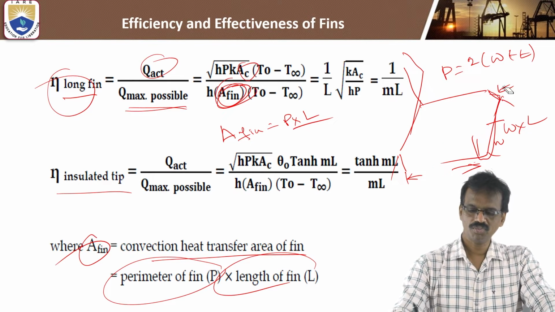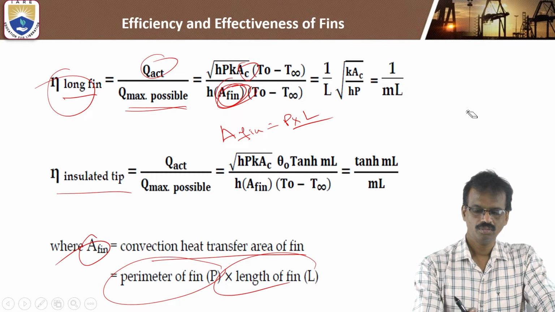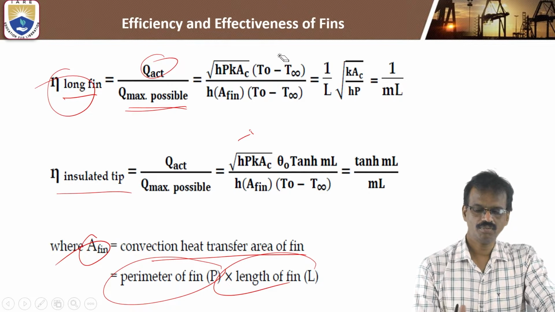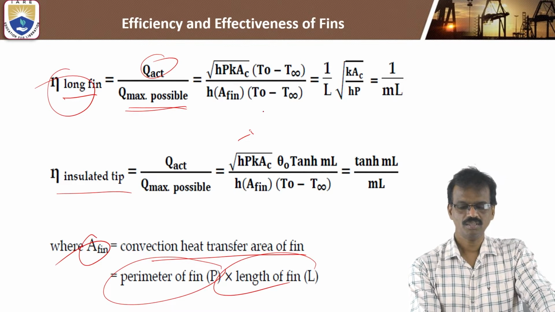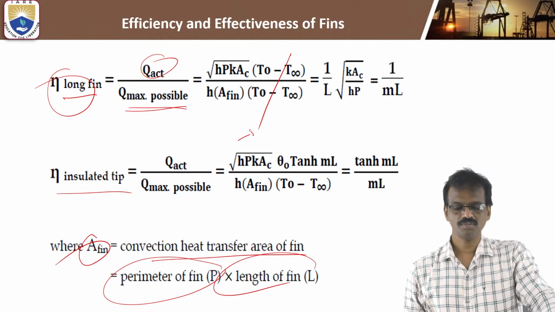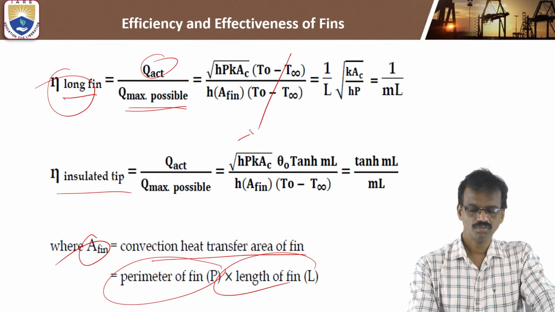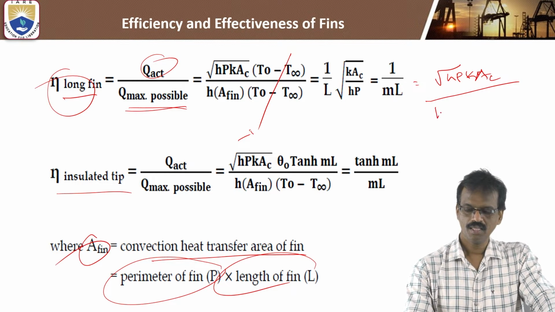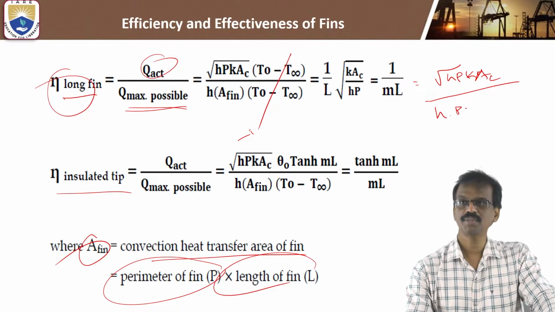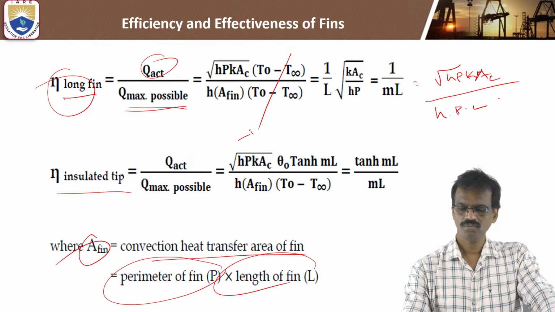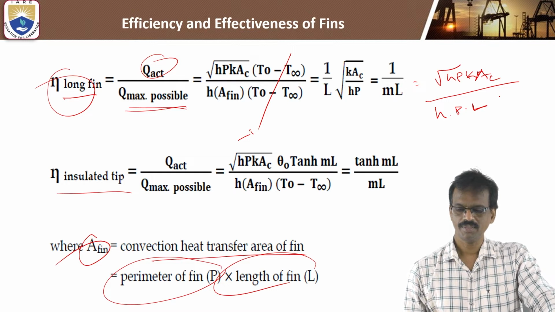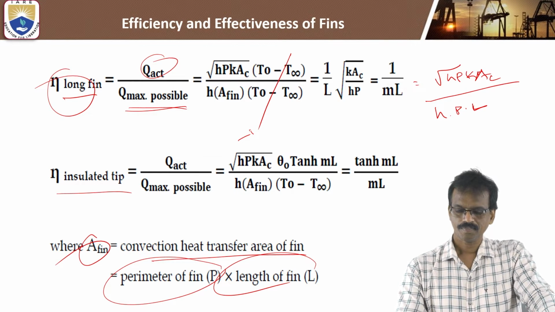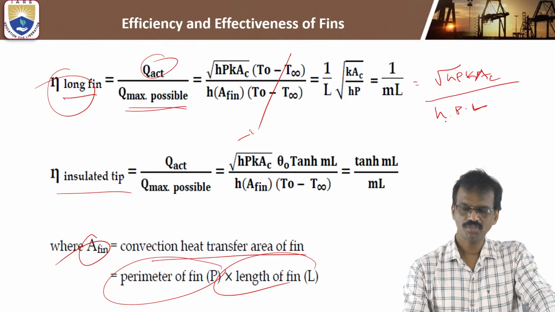So if you apply this one, here you can understand that one. So theta naught, T naught minus T infinity will be cancelled. So here also, the square root of h P k A divided by h A. A is equal to perimeter into length. Here h P under root, and h P without root.